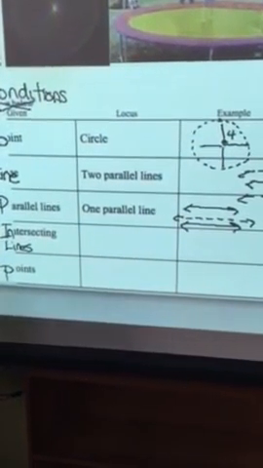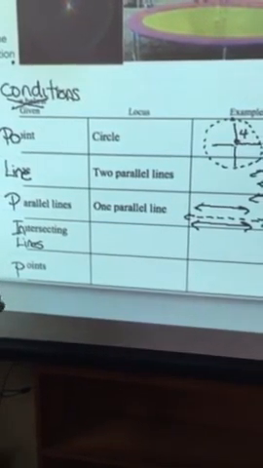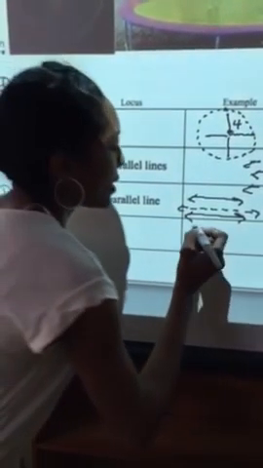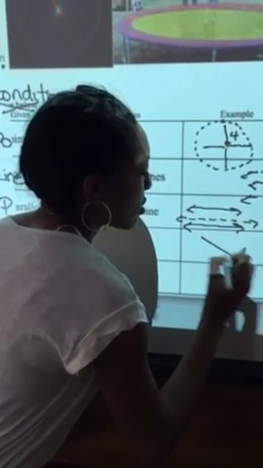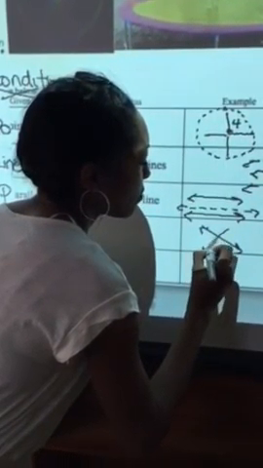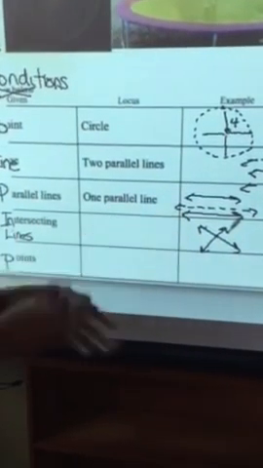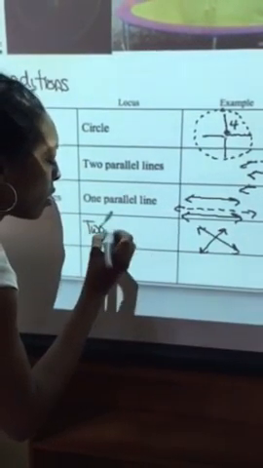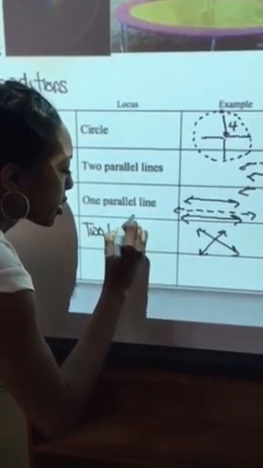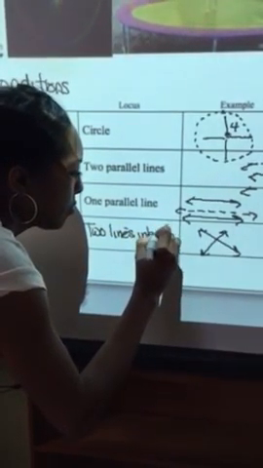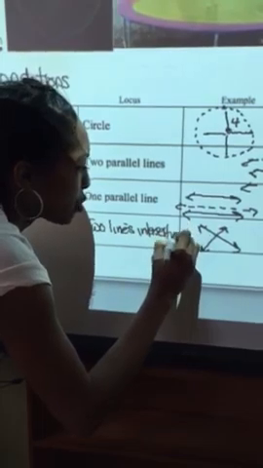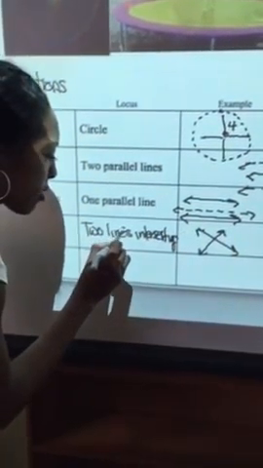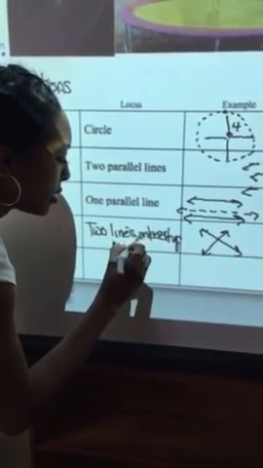Number 4 is going to be intersecting lines. If I make 2 intersecting lines, there's another line, and there's another one. The locus is going to be the lines that bisect those, so 2 lines intersecting. Because I drew lines that weren't north and south, I want to write here that this would be a north-south line.